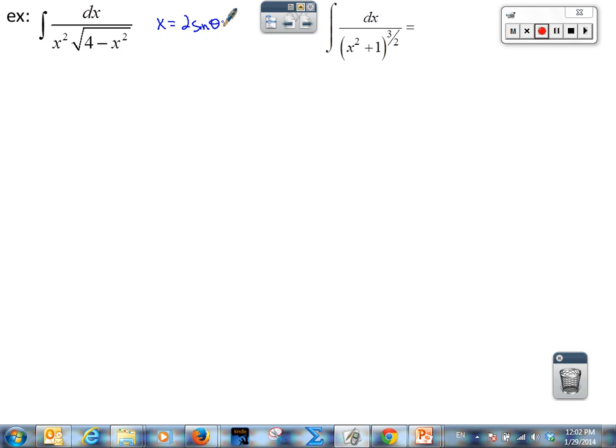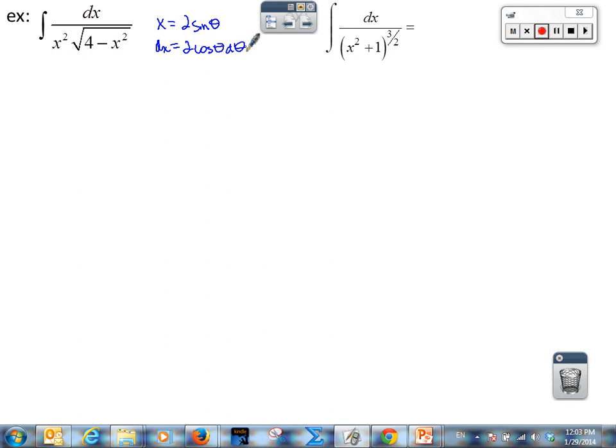Use something else. So if we make x 2 sine theta, then when I put it in here for x squared, it's going to be 4 sine squared, which I'm going to be able to factor the 4 out. Y'all see that? Okay. So just like on u substitution, I do that and then I do the derivative. So dx equals, the derivative of 2 sine would be 2 cosine theta d theta.